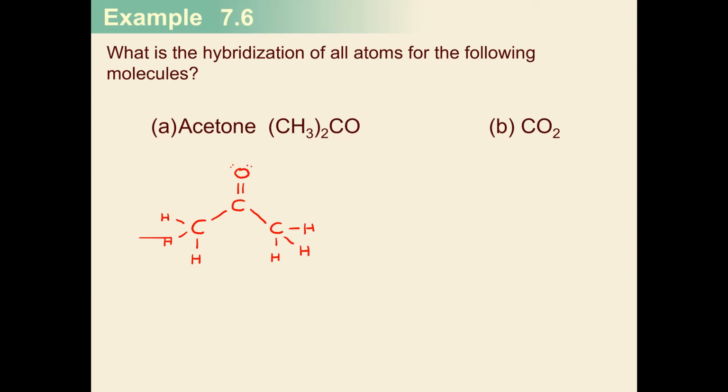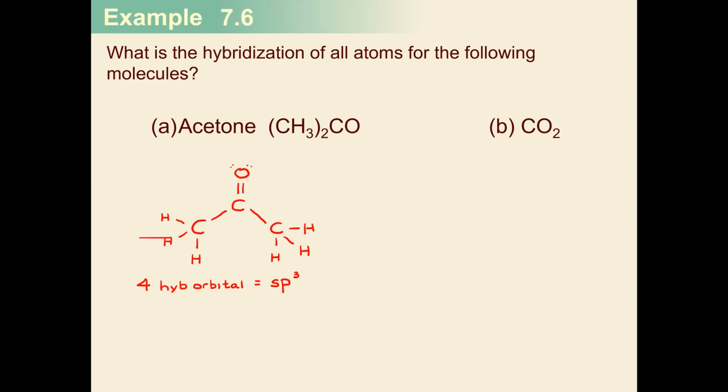It has 4 attachments, 3 hydrogens and the carbon that is attached on the other side. 4 attachments means that I need 4 hybrid orbitals. So if I need 4 hybrid orbitals, I need to use 1 s, and I need as many p orbitals as I need, and I will add that together and get sp3.